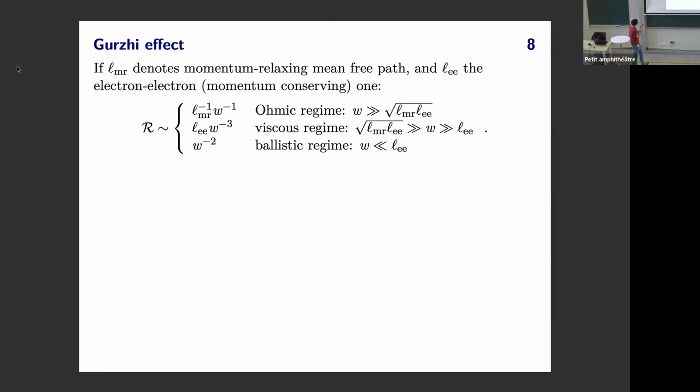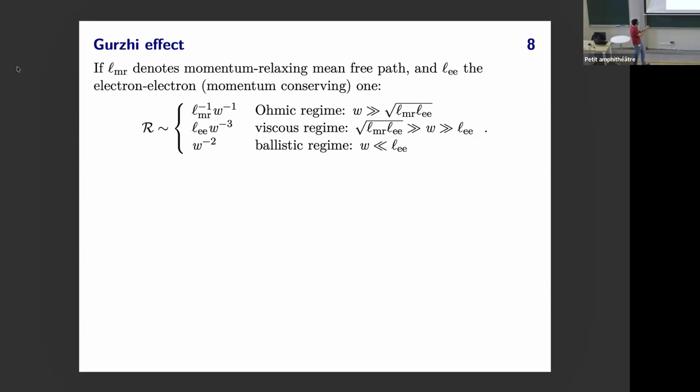Okay. In the viscous regime, which unfortunately turns out to only occur when the width of the device is smaller than this geometric mean. So it's not enough to just have the channel short compared to the momentum relaxing mean free path. You need, unfortunately, this geometric mean, but okay.